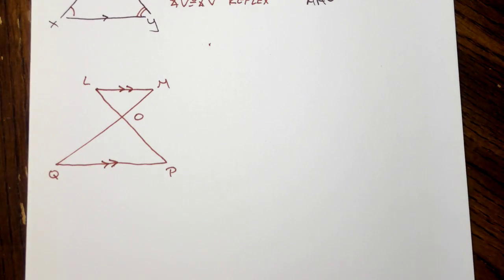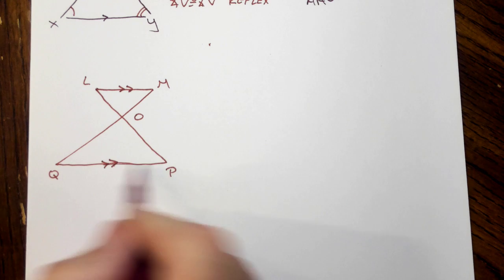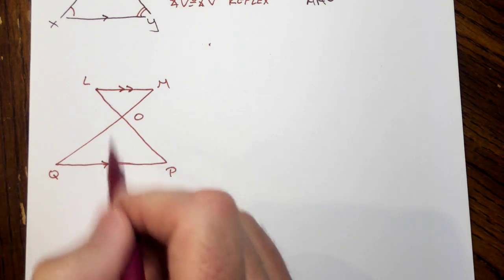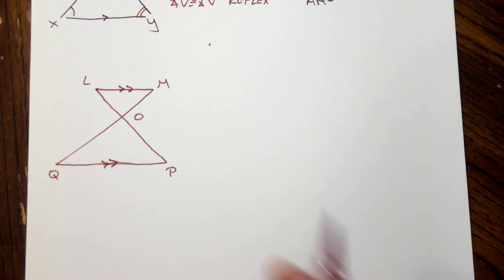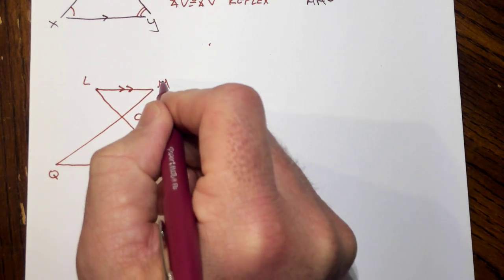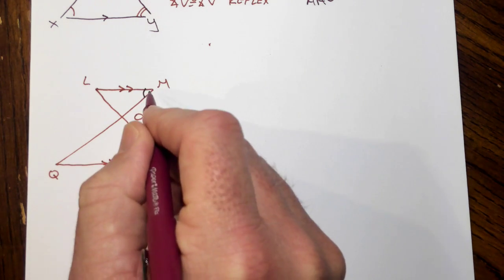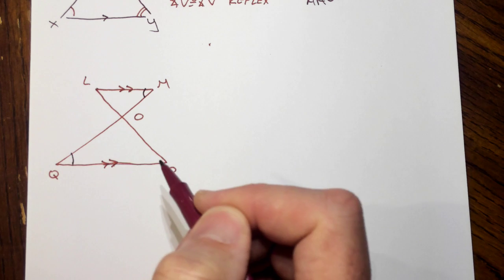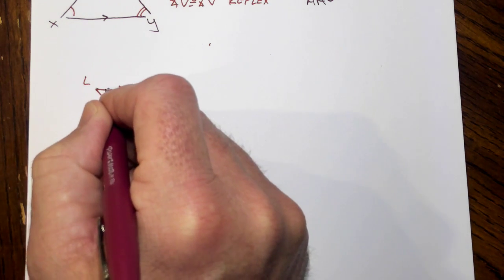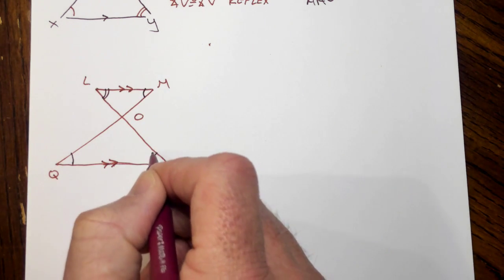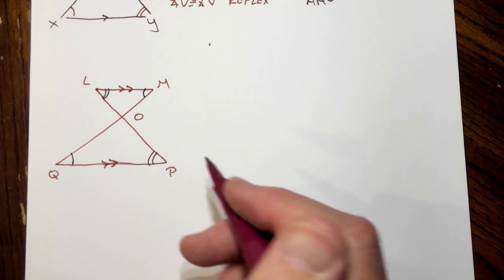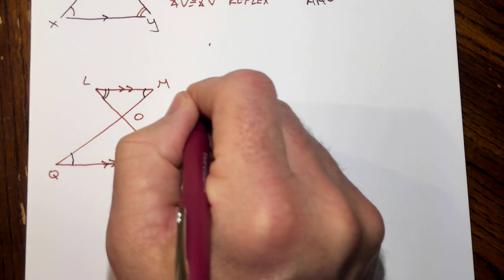In our third example, we have the following. Different options happen here. You've got parallel lines by markings, so you've got some given information. We can declare that angle M is congruent to angle Q. We can declare angle L congruent to angle P. You say the reason while I write this stuff out.